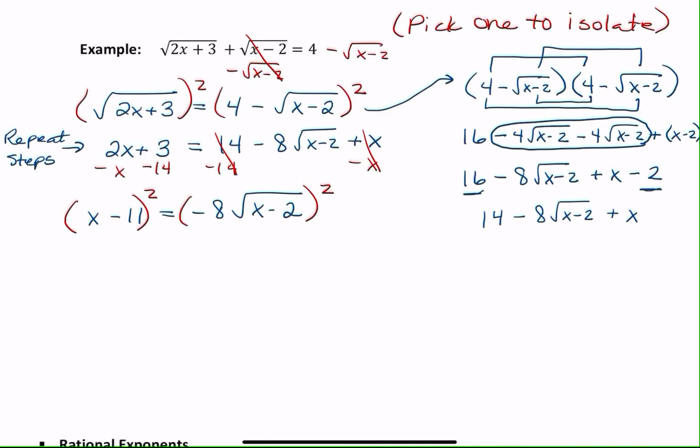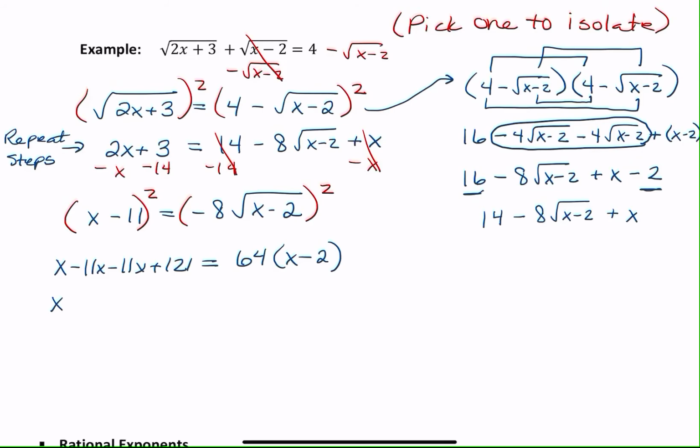And that's going to give me, I need to FOIL this, so it's going to give me x squared minus 11x minus another 11x plus 121. And then when I square that, it's going to give me 64 times x minus 2 without the radical. So now I'm going to combine like terms and get everything on one side.